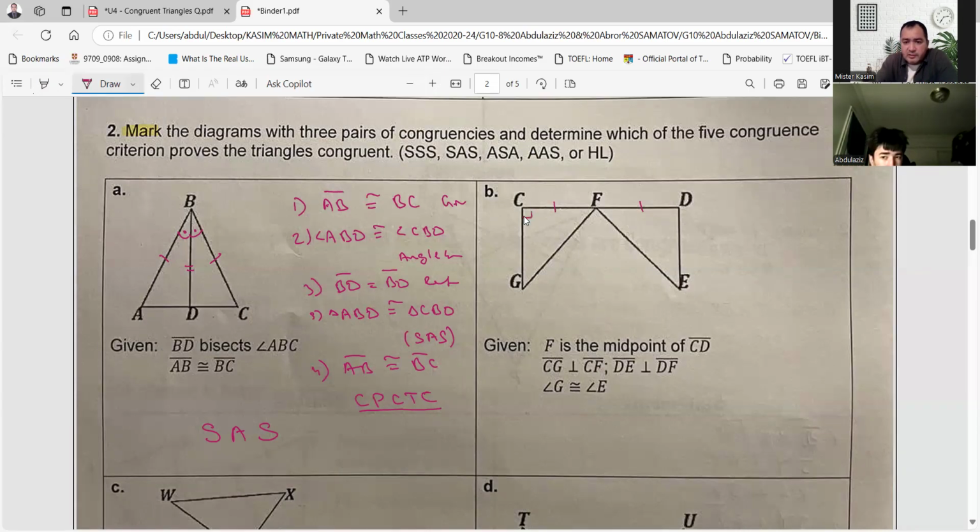So this one is perpendicular. And DE is perpendicular to DF. Also that one is perpendicular, right? And angle G is congruent to angle E. It's given, right?